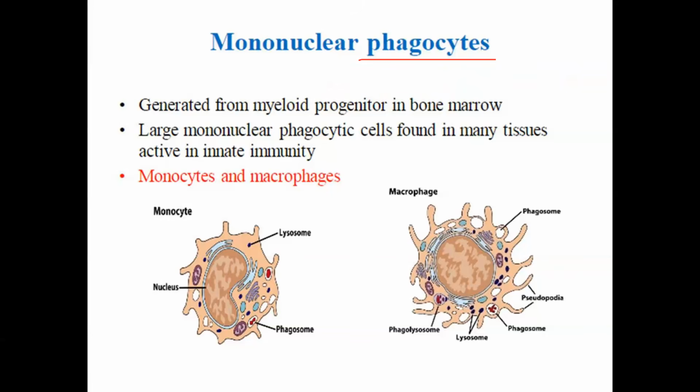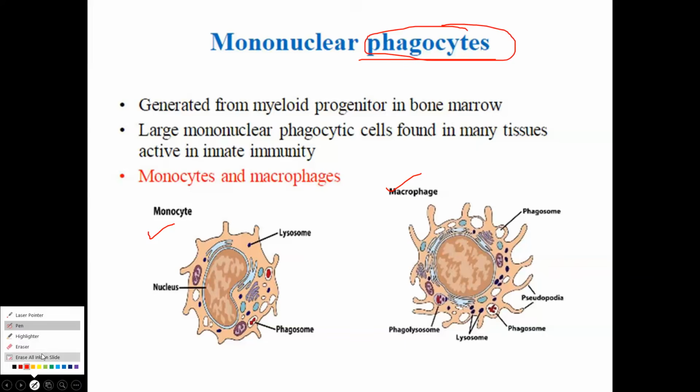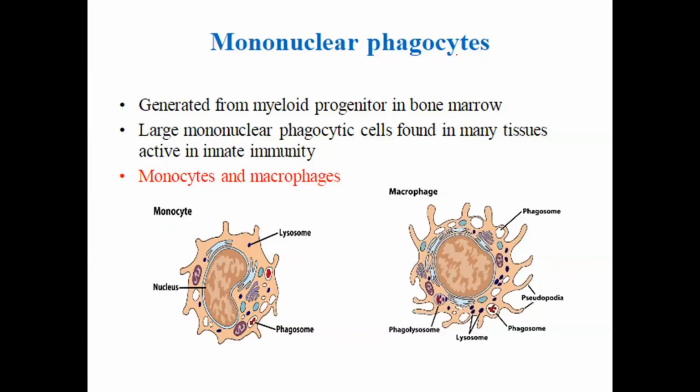Now all the students listen for the exam. What is the difference between the monocyte and macrophage? I will explain the mechanism also briefly. Focus. Both are called phagocytes only. But what is the difference? Monocyte is only present in the blood circulation.